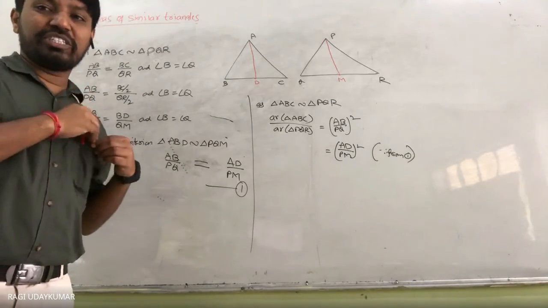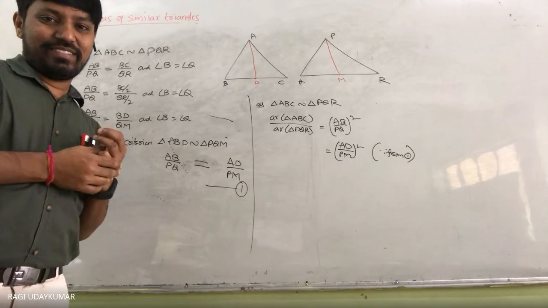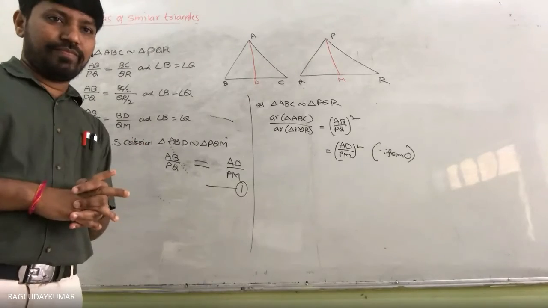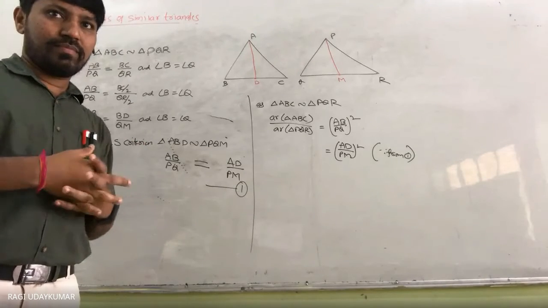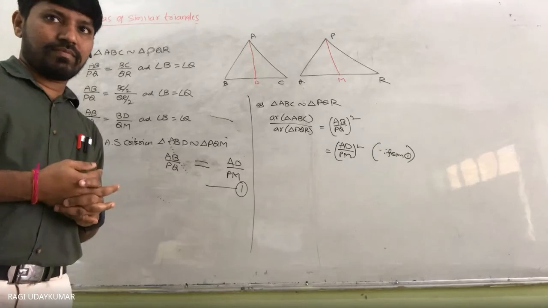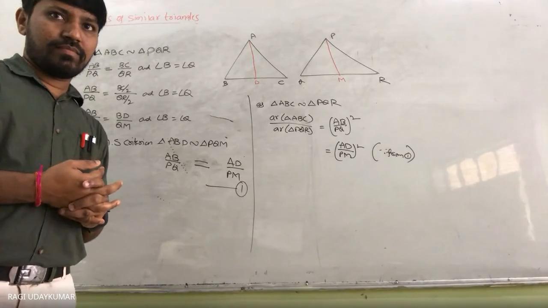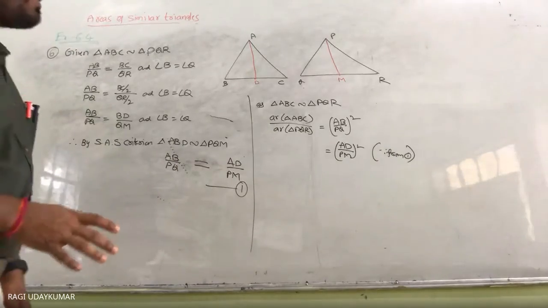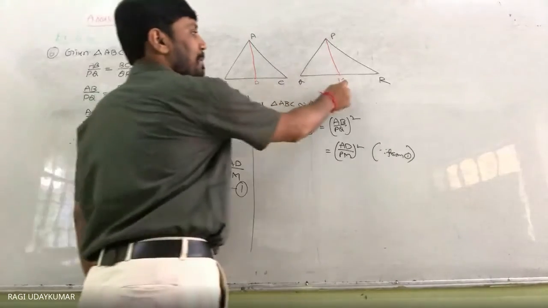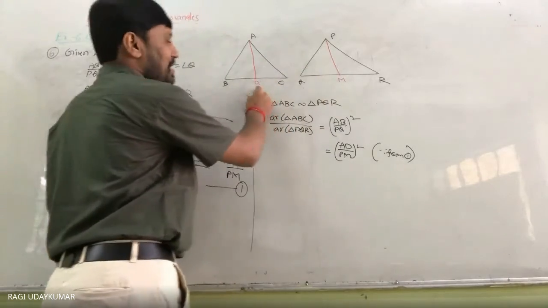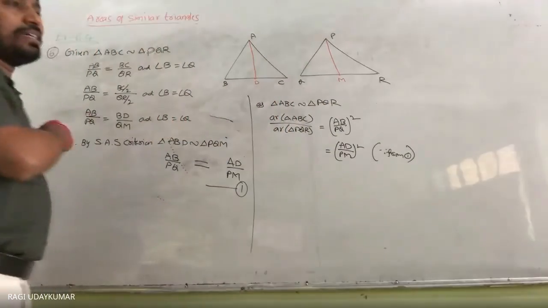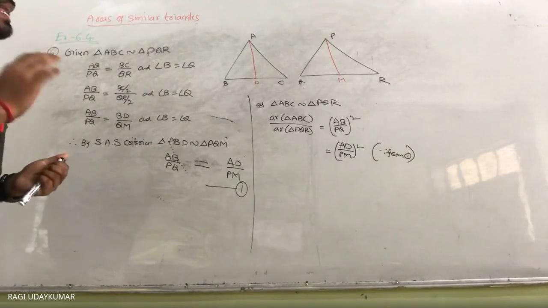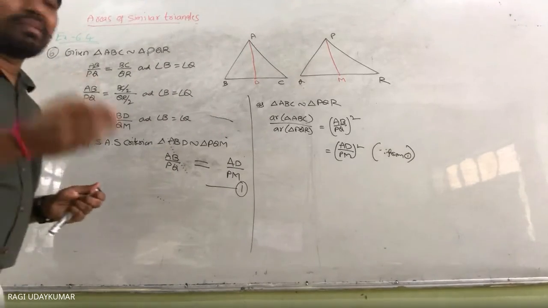Is it a complete solution? Or is there anything missing? Does it look a little short to you? Actually, everything is fine, but we have mentioned D and M in the figure, but we have not written anywhere else that D is the midpoint of BC, AD is the median, and PM is the median.